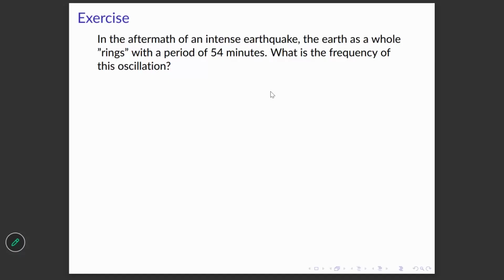Okay, so if you've got the cycles per second f, I multiply f times 2 pi to get back to omega land. My answer for omega is 0.0019. Did you get 0.0019? Great.